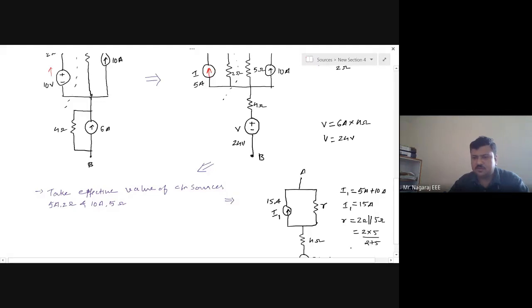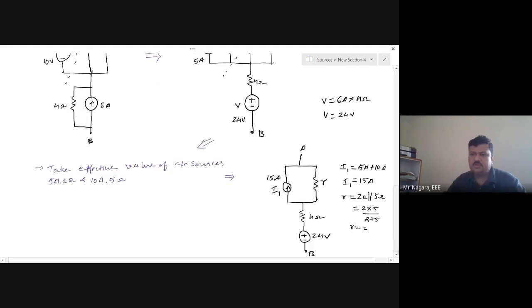So R is equal to 10 by 7. It will be around 1.42 ohms, 1.428. Okay, so R is 1.42 ohms.